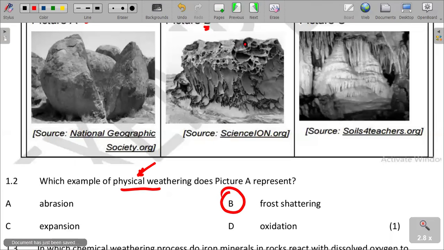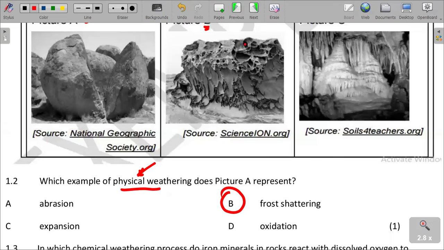And then oxidation is a chemical weathering process, where minerals in the rock react with oxygen, typically in the presence of water. When we talk about oxidation, there must be water.